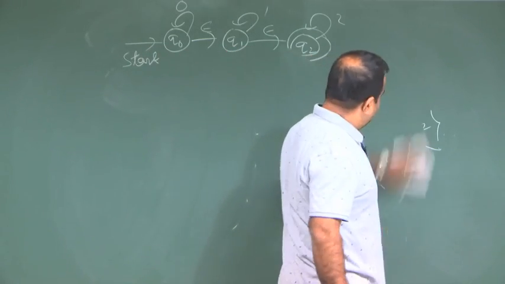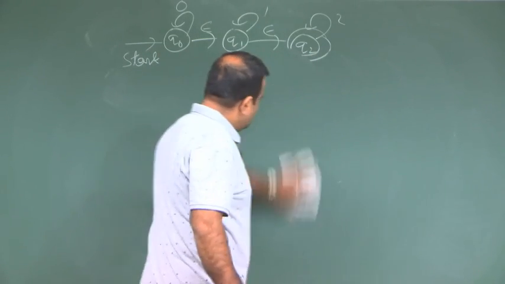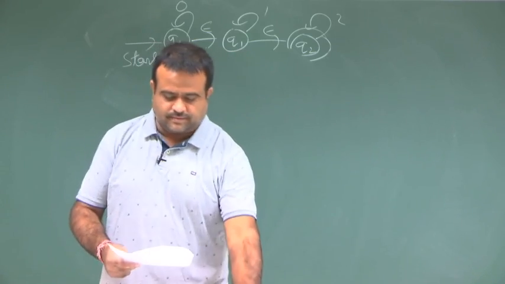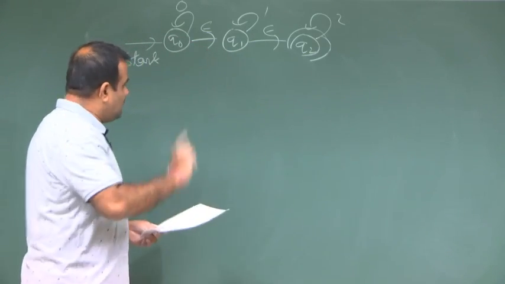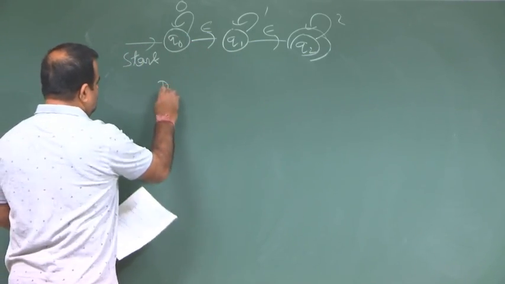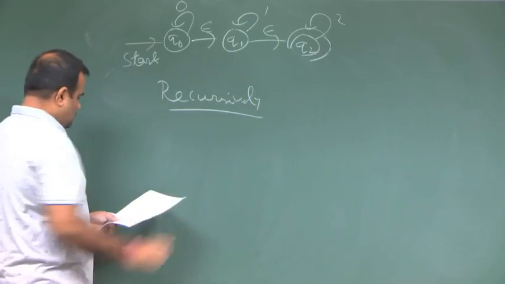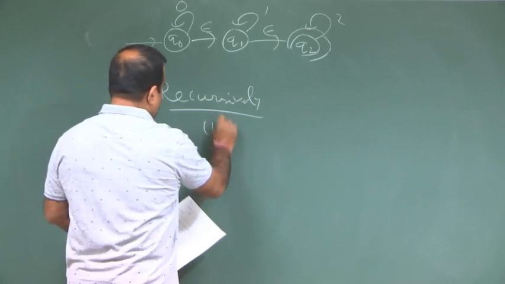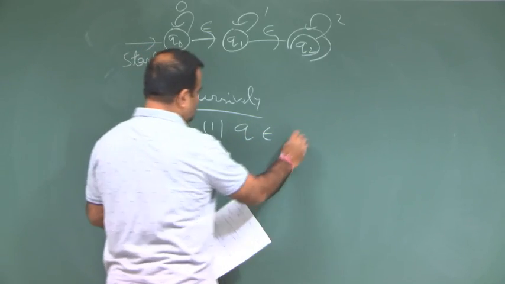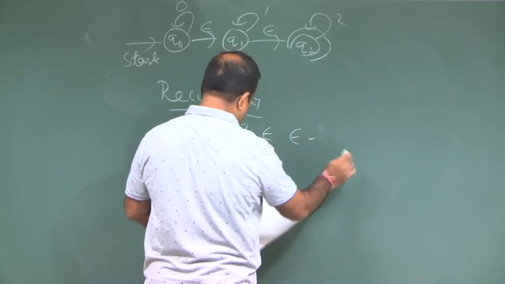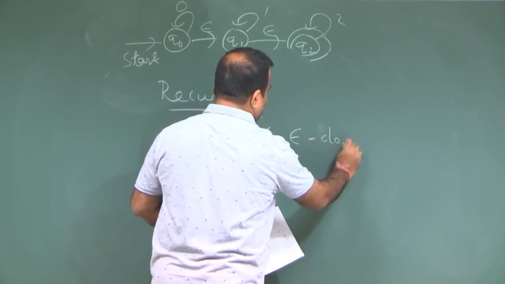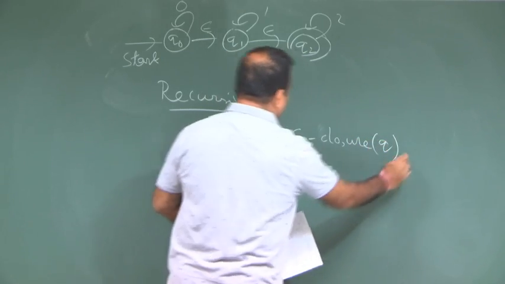We also have a recursive construction for epsilon closure, like this. The arcs will be labeled only by epsilon. First, q belongs to epsilon closure of q. This is by default.